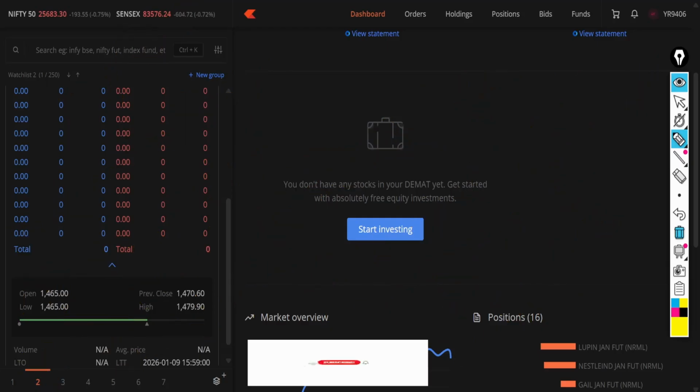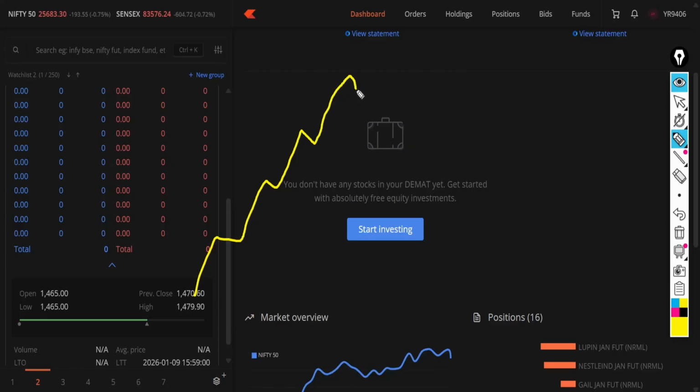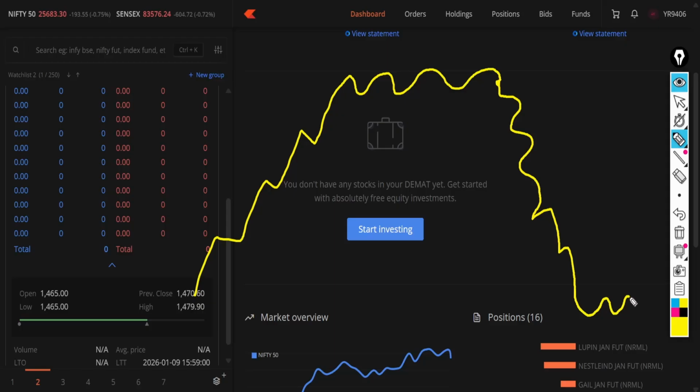So if price is going up, there will be a point where sellers will be dominating the buyers and price will start coming down again. Here buyers will be dominating and price will go up.